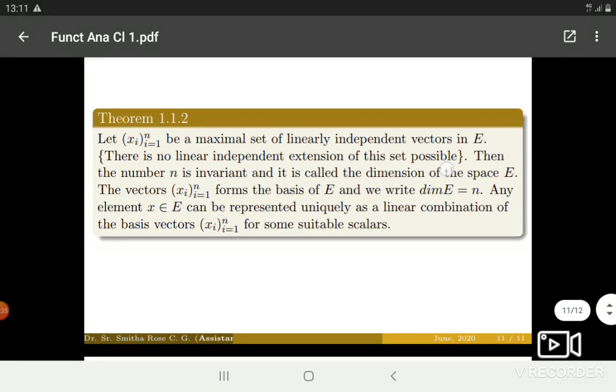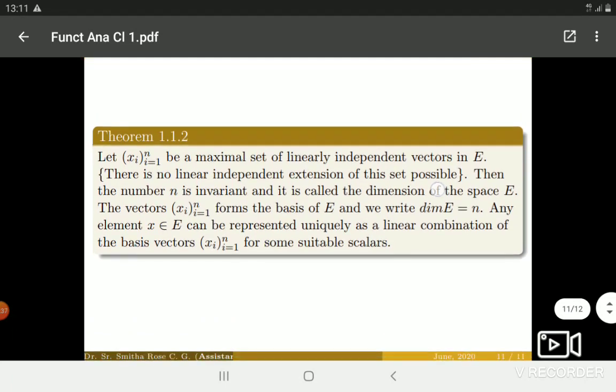Now this is a theorem given in the textbook. All these things are basics we already have from the first semester, but still, theorem 1.1.2. Let xi, i equal to 1 to n, be a maximal set of linearly independent vectors in E. Maximal set means there is no linearly independent extension of this set possible, so if I take a superset of this set, it will not be linearly independent.